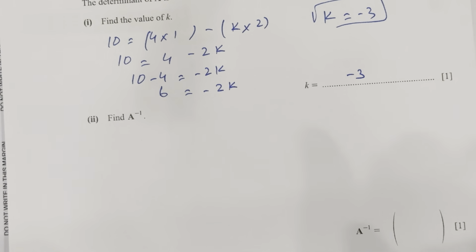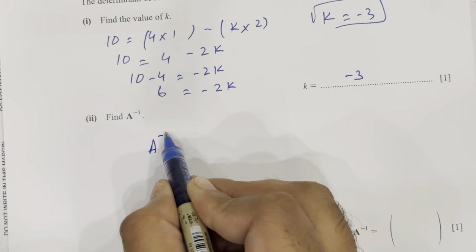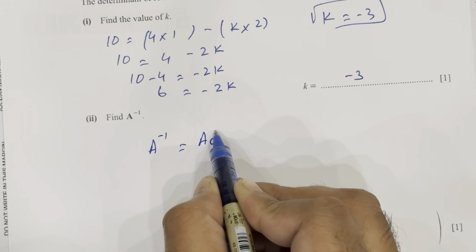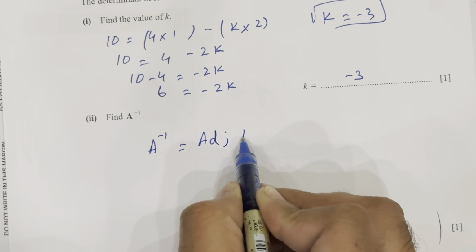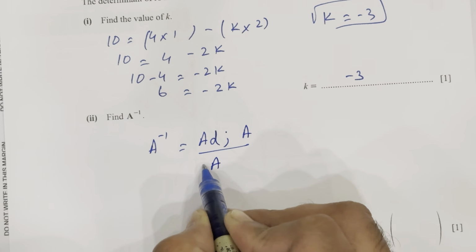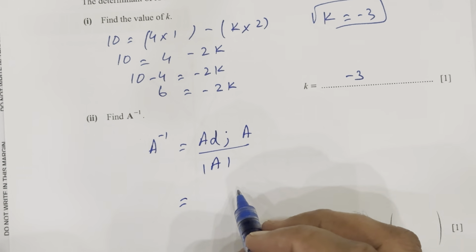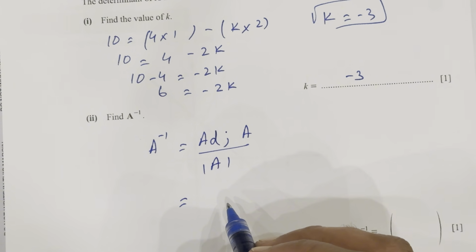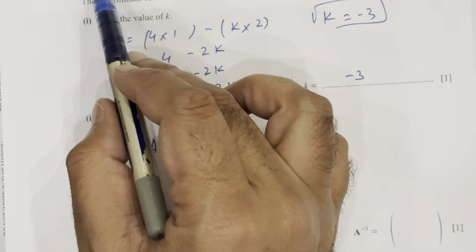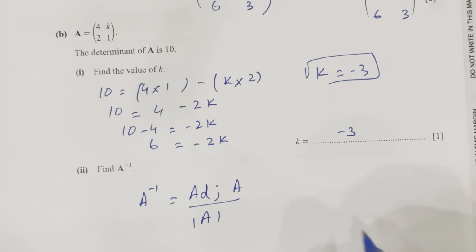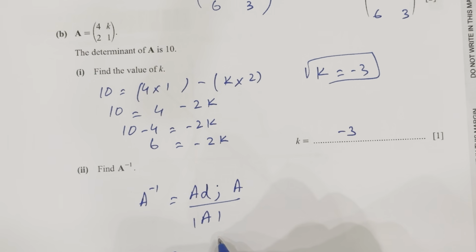Second part, find A inverse. A inverse is equal to the adjoint of A divided by the determinant of A. For the adjoint of A, you need to change the position of the primary diagonal. It would be like that: 1, 4, and the k value is minus 3.